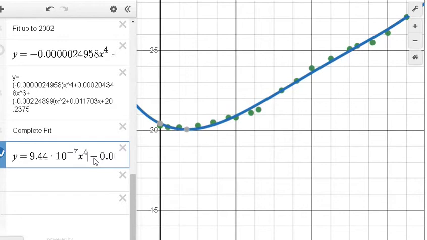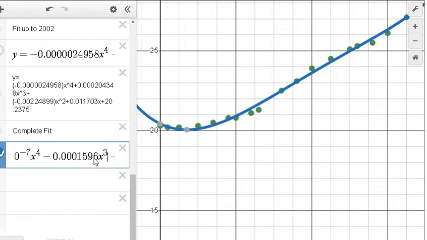That really means you've got 6 zeros and then the 944: 0.000000944 times x to the fourth. They're just not friendly numbers.